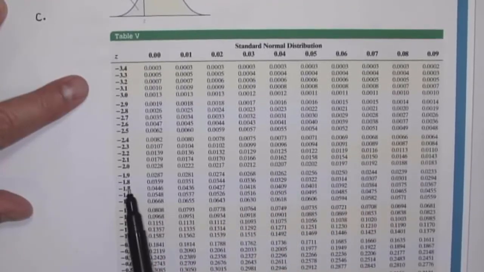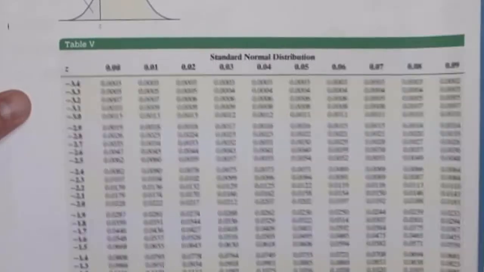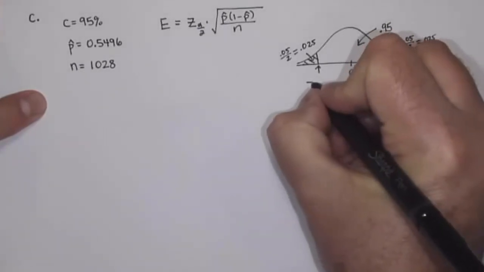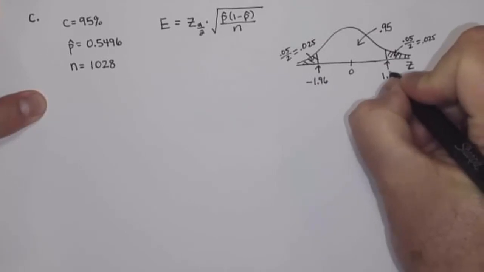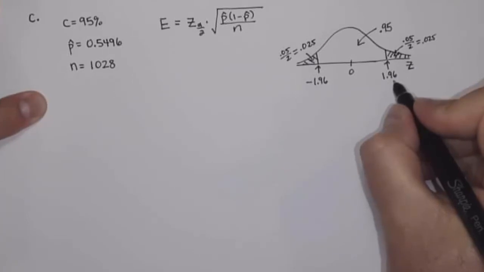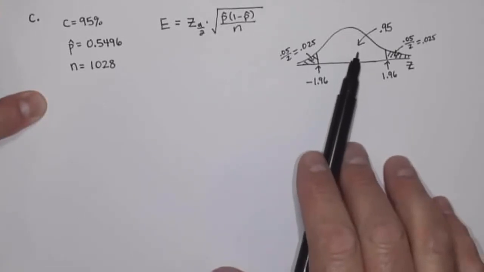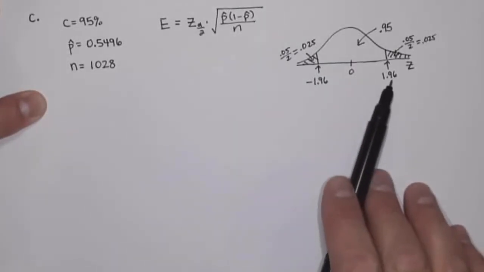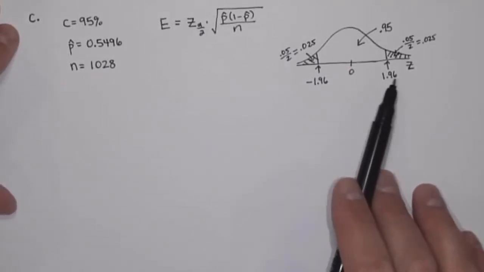So if I look through my table, right here is 0.0250, and that corresponds to a z-score of negative 1.96. So this value right here is negative 1.96, and by symmetry that means this one is positive 1.96. This is my z sub alpha over 2, so the z-score that corresponds to a 95% confidence interval is 1.96. We call that a critical value. So that is our critical value.